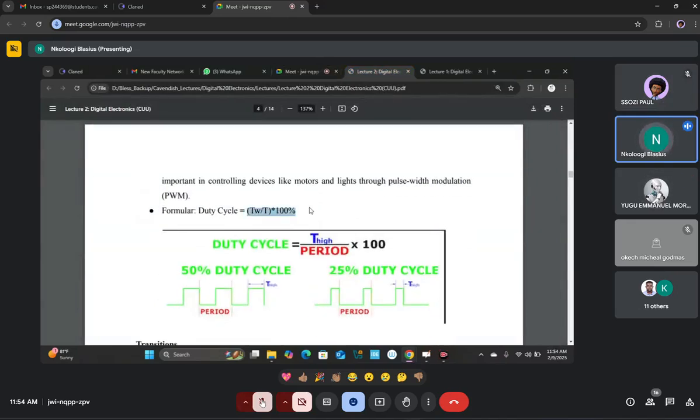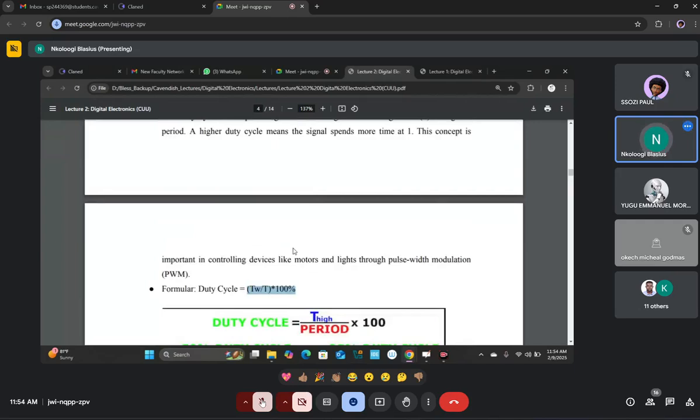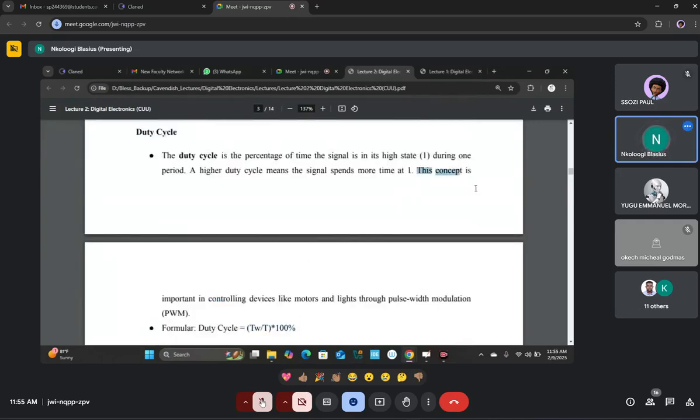Don't forget the formula. The formula is there, like I've been demonstrating. You will find this concept very important when you want to program things like microcontrollers, in your circuit, and you want to include a device like a motor or light to increase its speed or brightness. There you find a pin which is supposed to be using pulse width modulation.